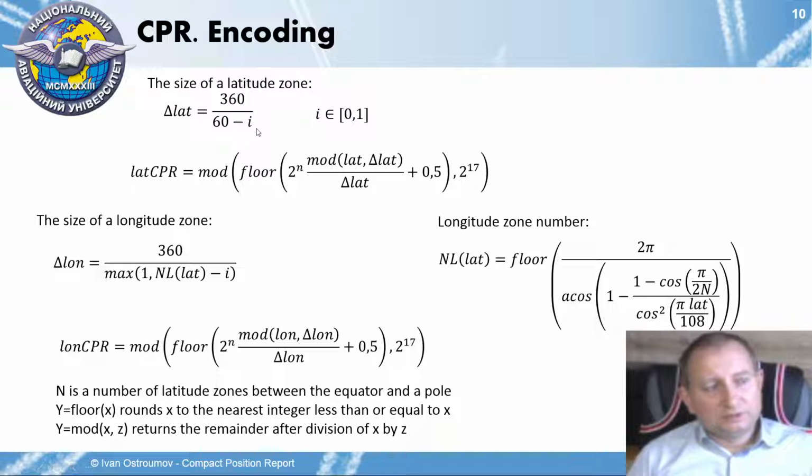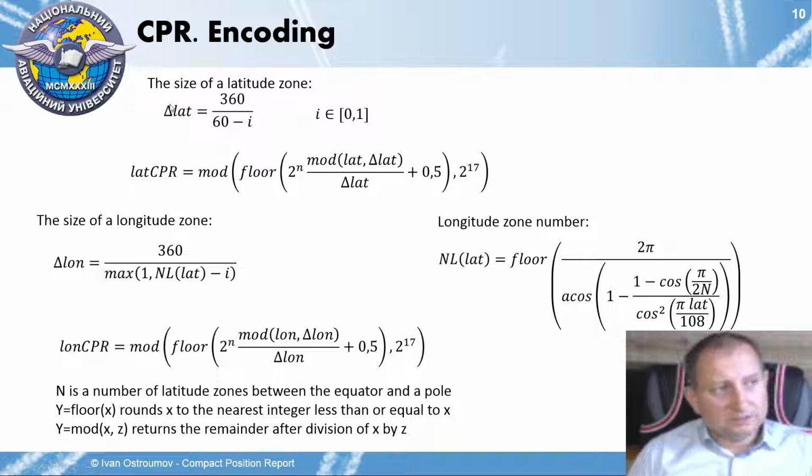However, we need to take into account that there are two layer types, 60 and 59. In my formulas, we have 0 for 60 size of layers and 1 for 59. Here it's like a binary indicator which identifies the layer type, 60 or 59.